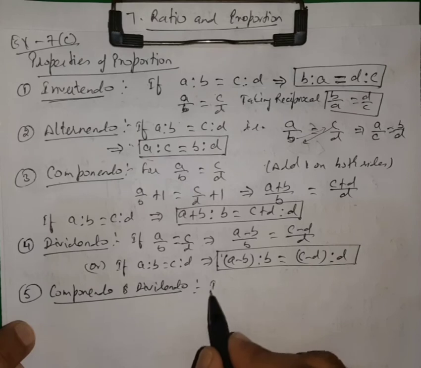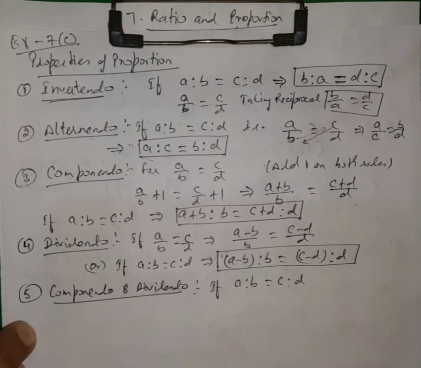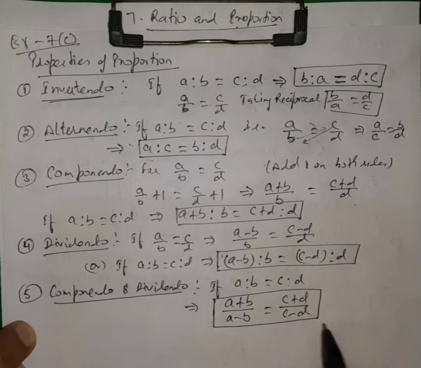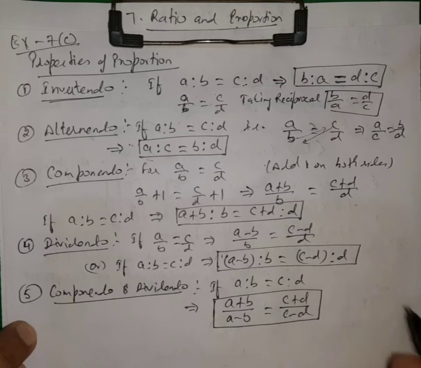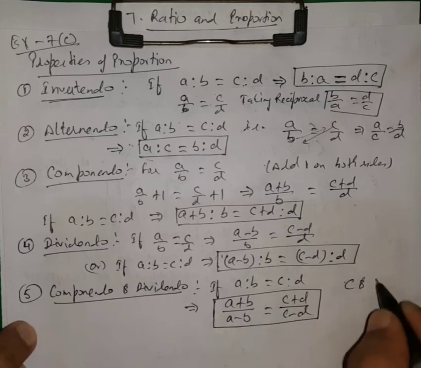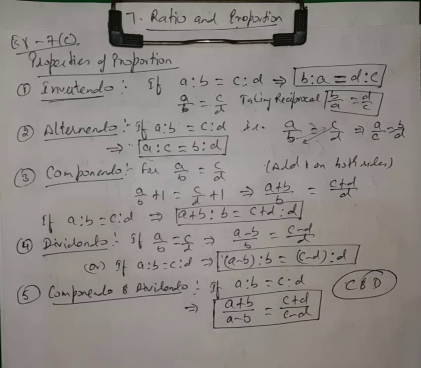So if A is to B is equal to C is to D, then by componendo and dividendo, A plus B over A minus B equal to C plus D over C minus D. This will be mostly used in our exercise, and most of the times in our examination the question is asked based on this property. In short, we will write this as C and D. So in the questions we will be using this.